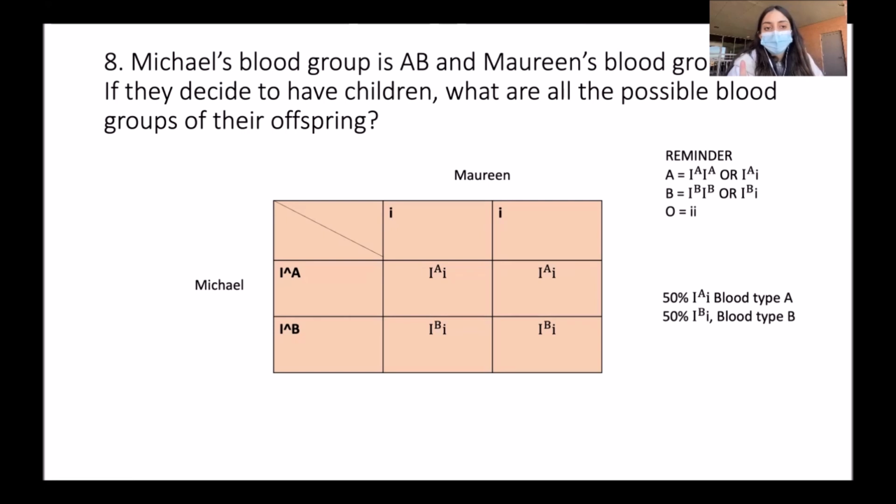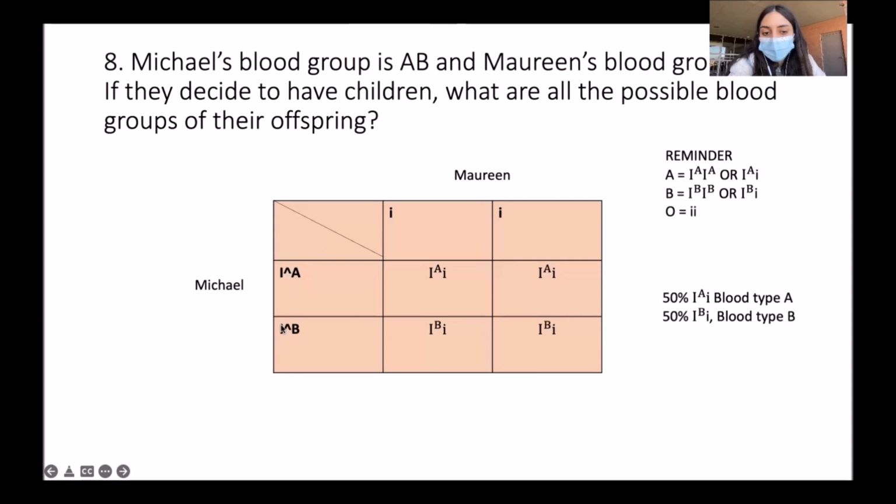So Maureen is O, and we show O here. This is a reminder: we show O as double recessive, so we're going to put little i's. And here for Michael, we know it's AB, and AB can only be IA and IB.